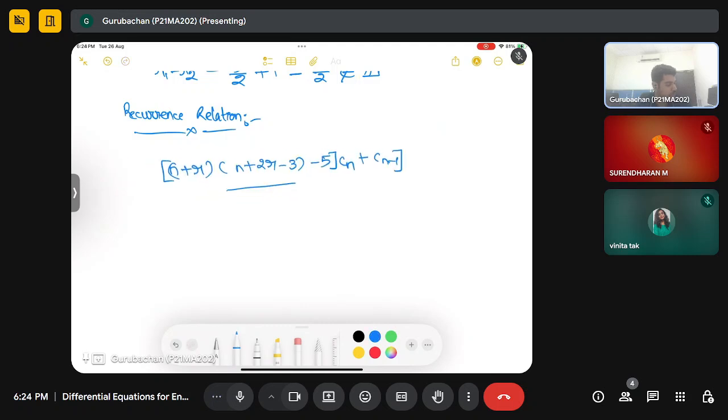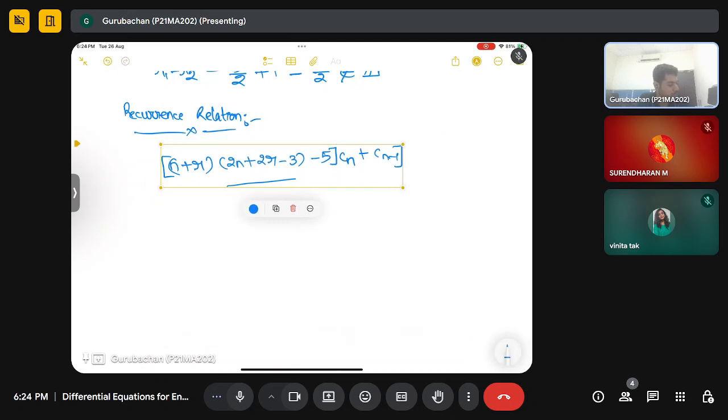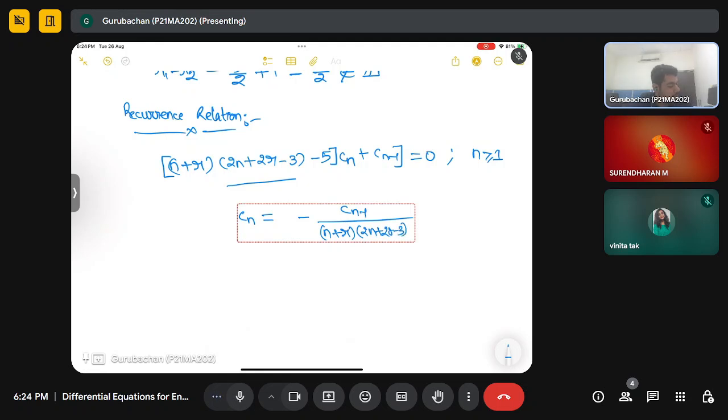This is valid for n greater than or equal to 1. So from here, you can say Cn is nothing but minus C(n minus 1) divided by (n plus r)(2n plus 2r minus 3) minus 5. This is your recurrence relation in this particular case.